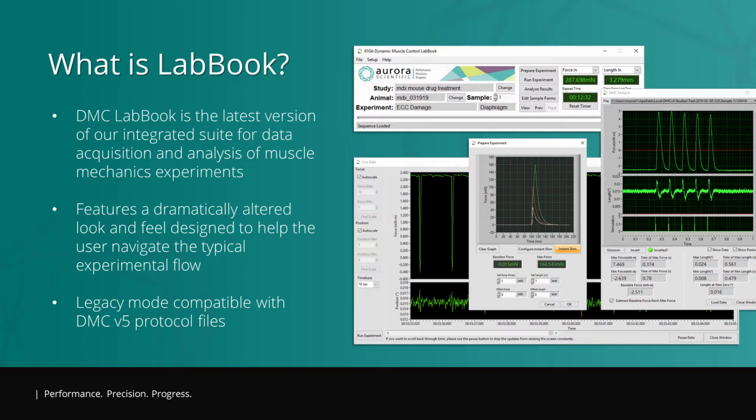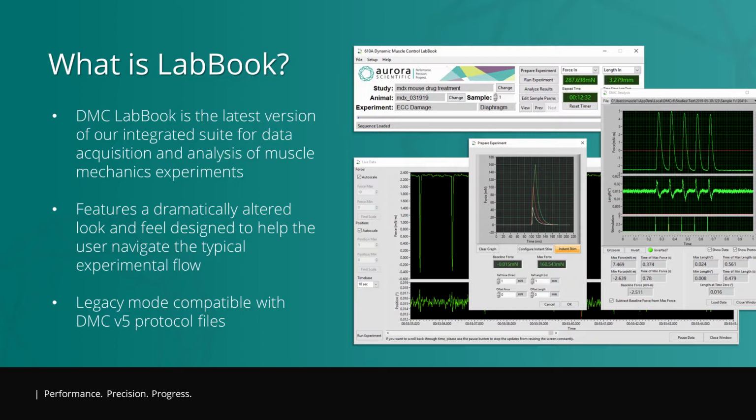Even from our previous version, LabBook has a very dramatically different look and feel, and functions in a very different way. We put a lot of effort into thinking about what would be the layout that would help a typical user navigate a standard muscle mechanics experiment.